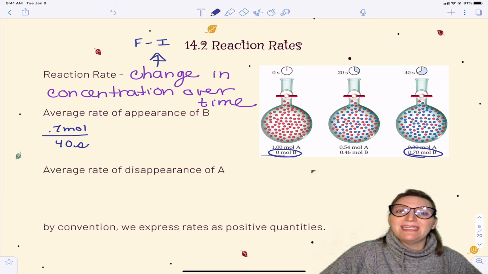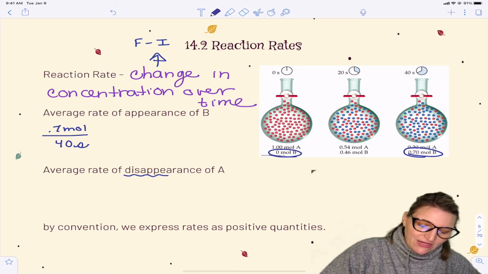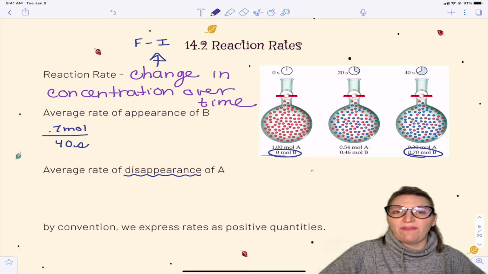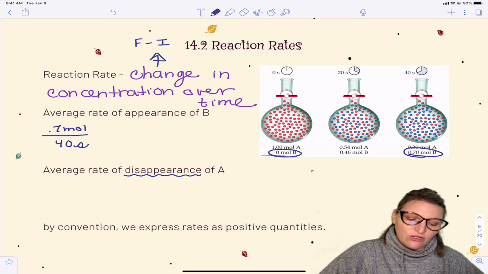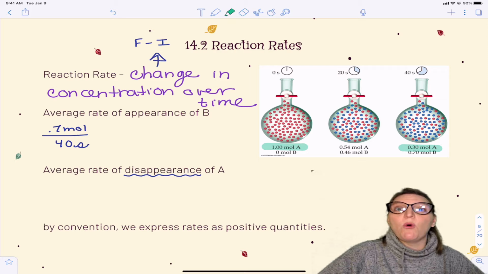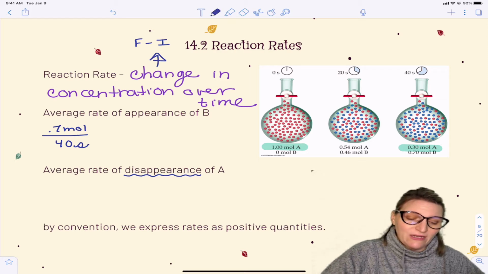What is the rate of the disappearance of A? The fact that it says disappearance tells you we're looking for a positive number. It's not saying the rate of change of A, because for the rate of change, final minus initial, if I did that for A, I would get negative 0.7.